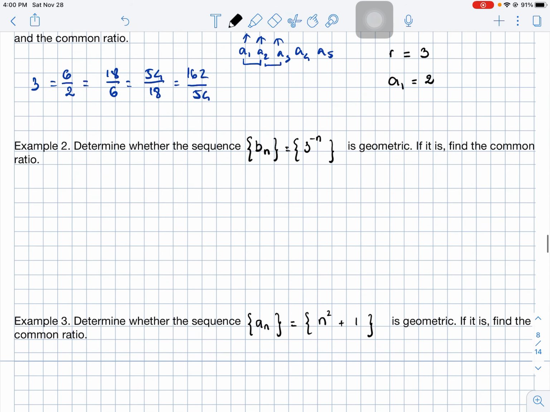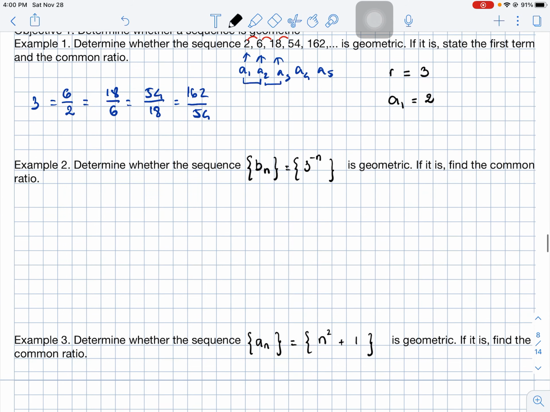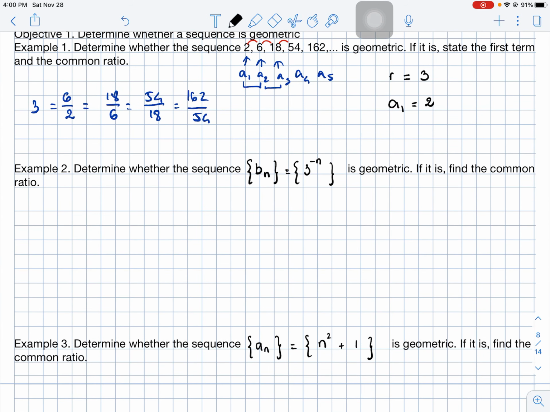In example number 2 and number 3, they give you a formula for the sequence. If you want, you can plug in n equal to 1, 2, 3, 4, 5, and so on, then you will have a list of numbers, and you can do the same way as example 1. Or we just do this one.